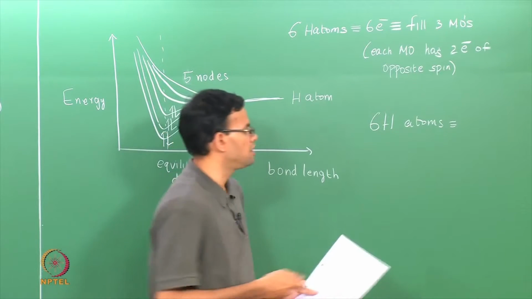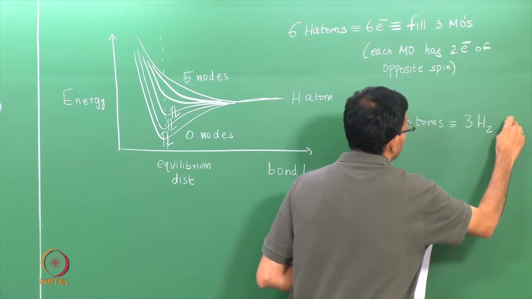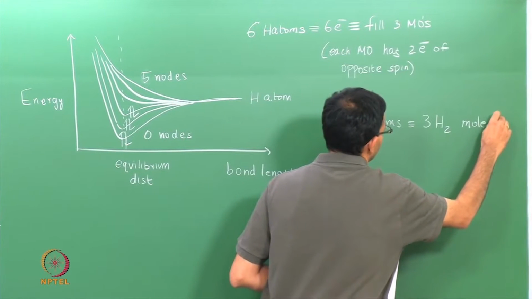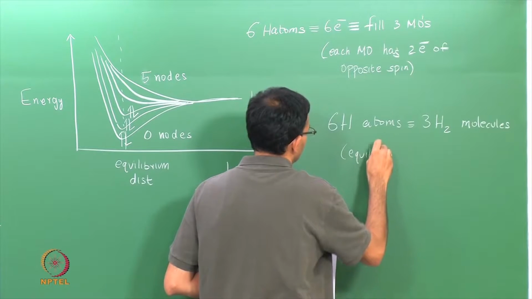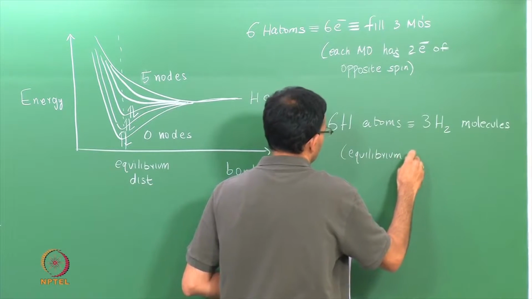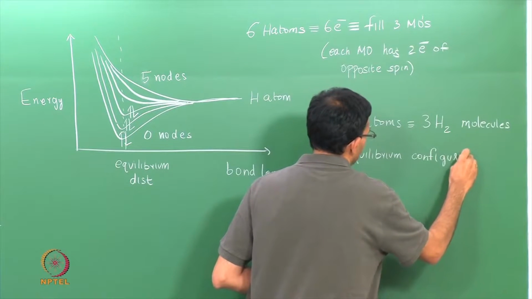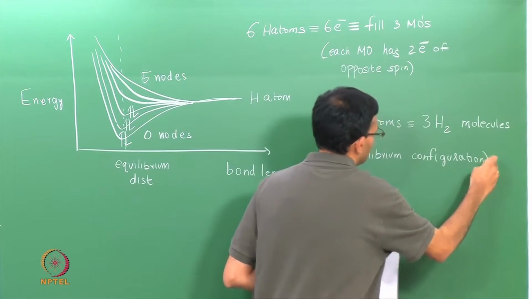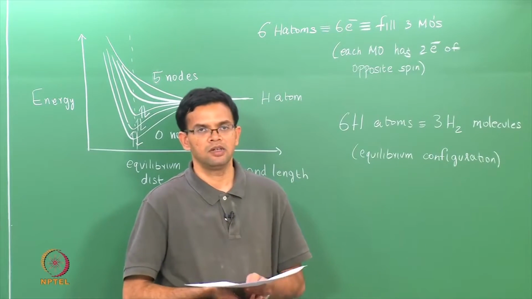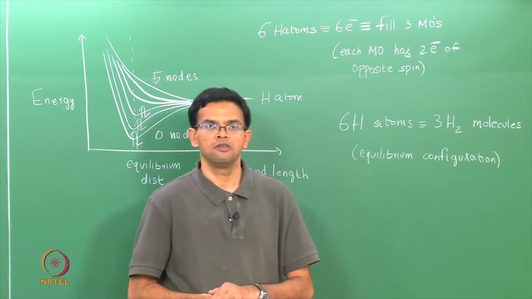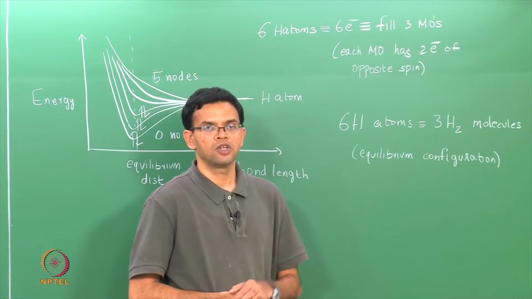So, if you have 6 hydrogen atoms, the equilibrium configuration is essentially 3 hydrogen molecules. Rather than form this linear chain of 6 hydrogen atoms, the actual configuration would just be 3 hydrogen molecules. So, let us now go to the next question.